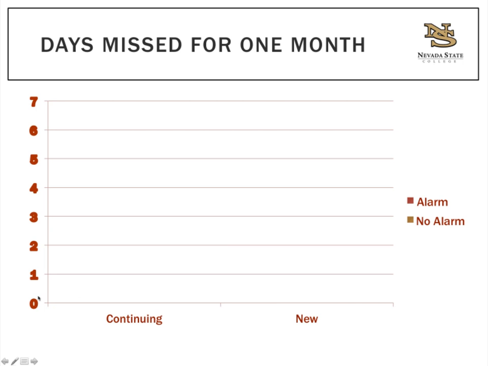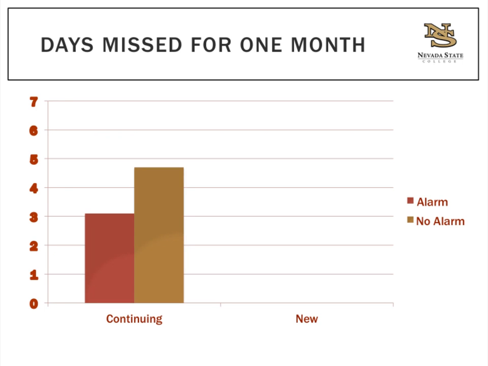You'll notice that my scale starts at 0 and goes all the way up to 7. We're looking at days missed for 1 month. So if they miss 7 days, that's a whole week. That's a lot. We want patients to be missing fewer and fewer days, right? So we want them as close to 0 as possible. So again, we're going to have 4 bars, 2 for continuing, 2 for new. So let's see what happened.